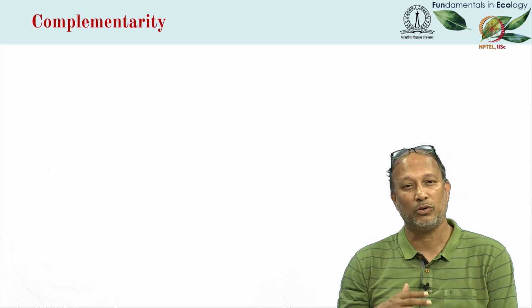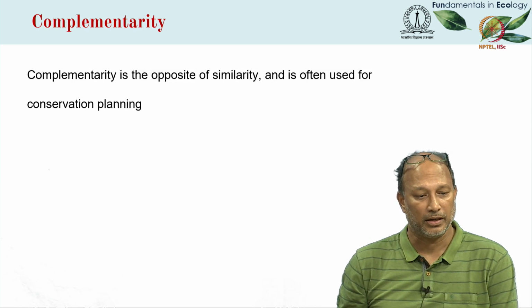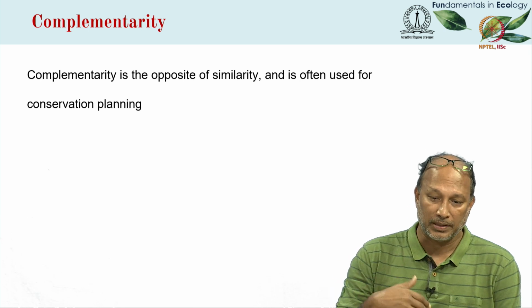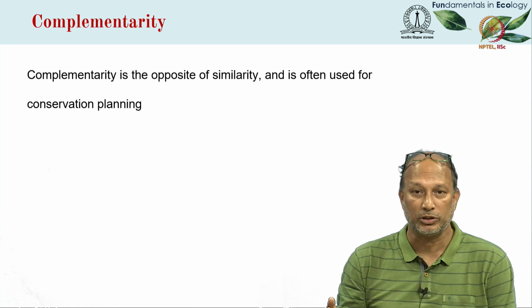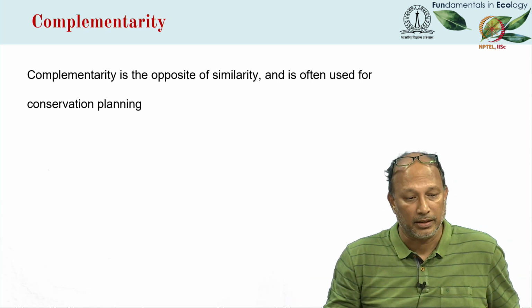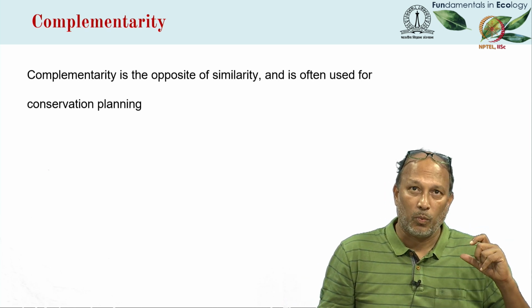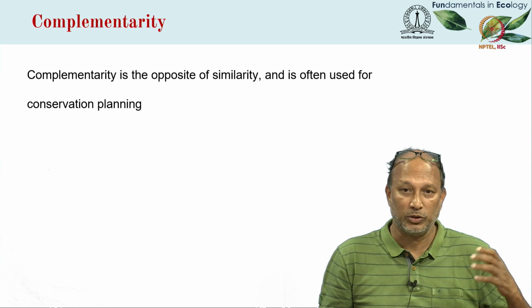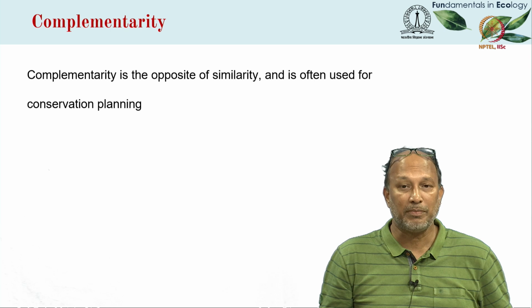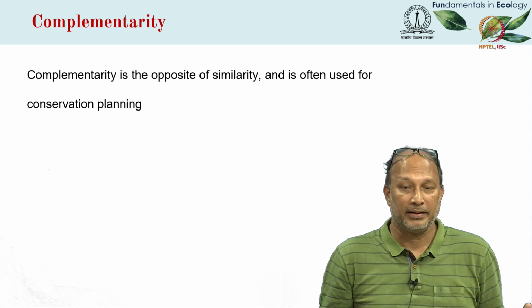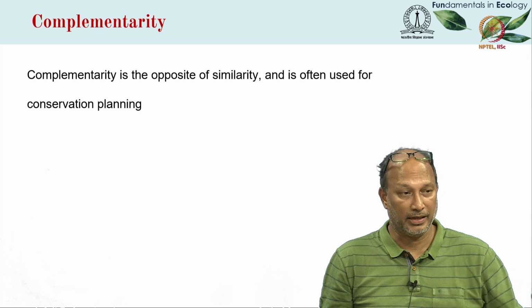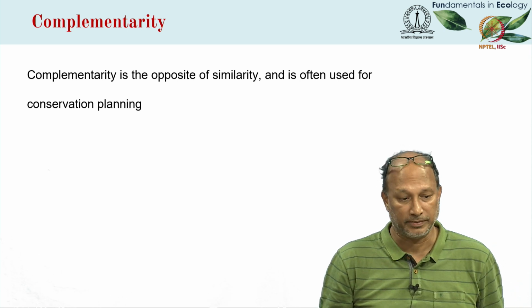While beta diversity looks at the differences between areas, the similarity measures have been used for understanding how similar two areas are. And the idea of complementarity, though it's the opposite of similarity, is that we want to maximize the number of species from a certain number of areas that we might be prioritizing for conservation.